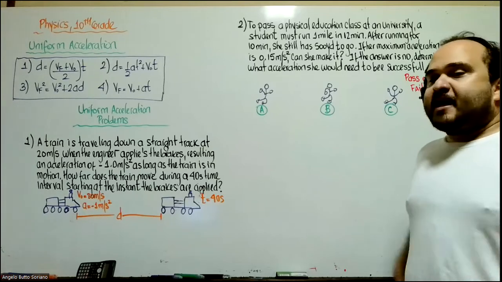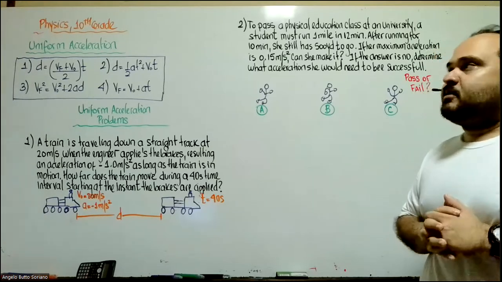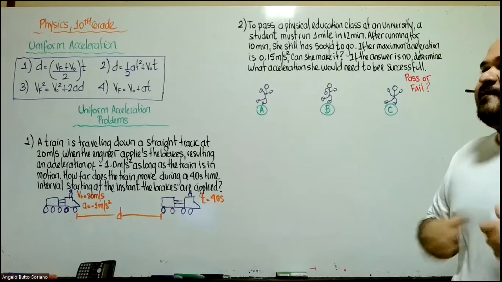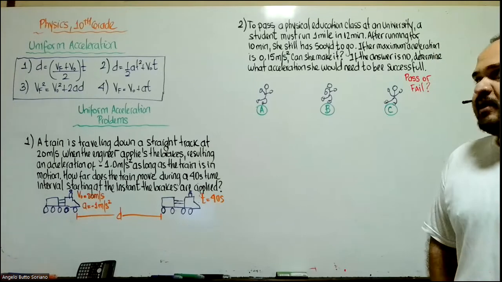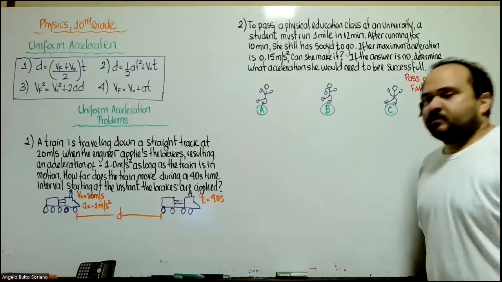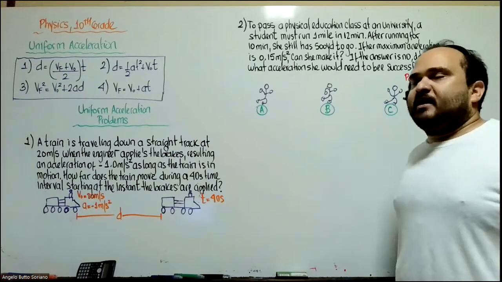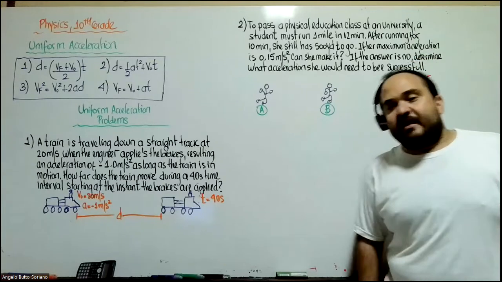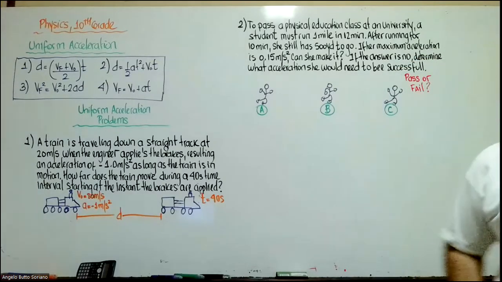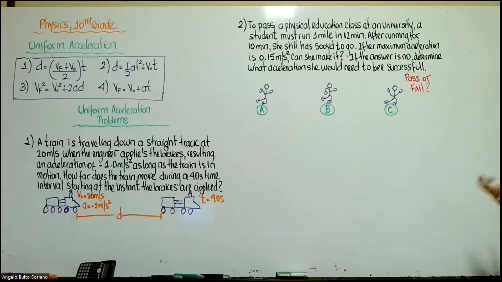As we studied in the last video, in uniform acceleration we have four equations. But sometimes in physics problems, it is not enough to just apply the formulas. We must analyze the problems, especially when the problem gives us a conditional situation.